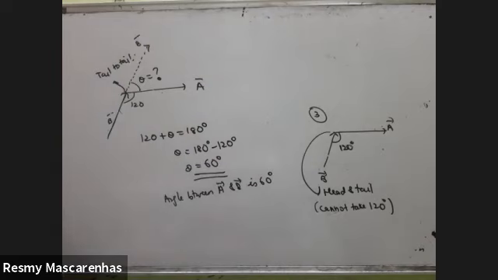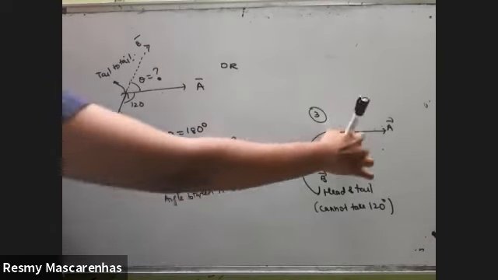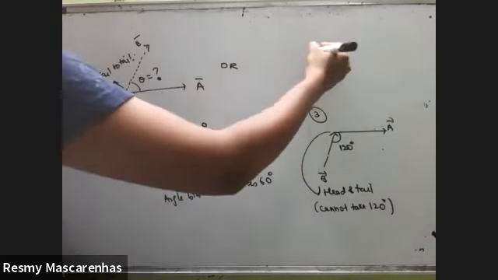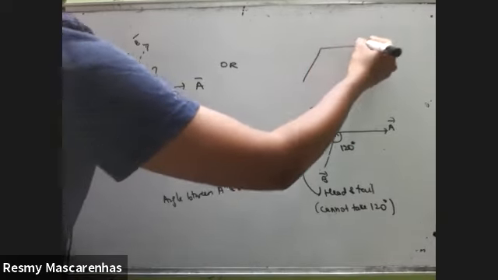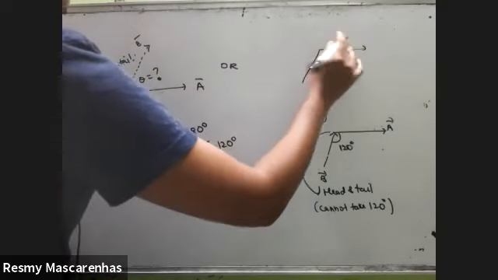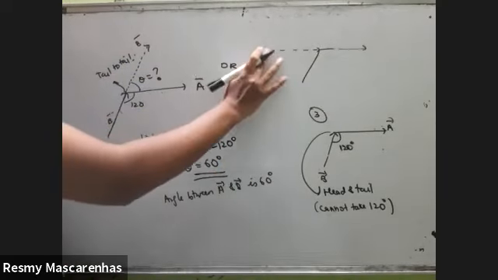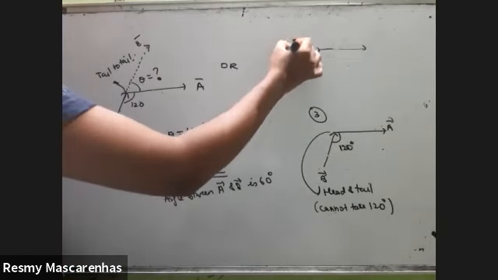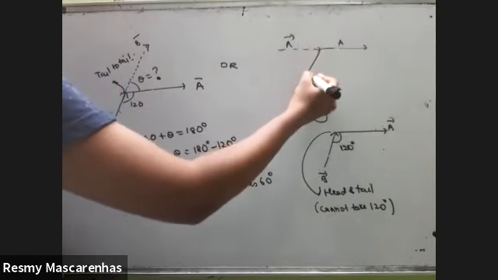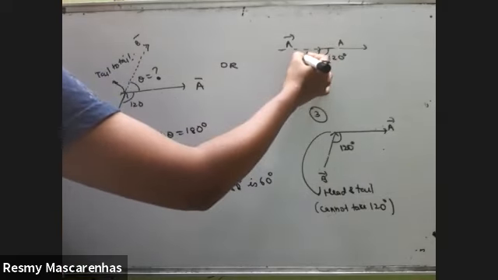One more way also you could do. Or you could shift A this side. If this was given to me, I'm just shifting this fellow behind. Direction is anyways the same. A, I've shifted. This was 120 degree. Now this will be theta.